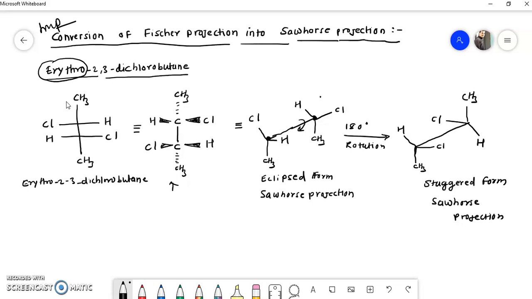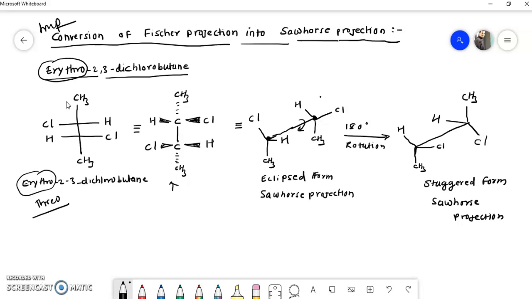In the same way here also, now the chlorine will be on the same side, and here will be the chlorine, and the name of this will be, instead of erythro, threo-2,3-dichlorobutane.